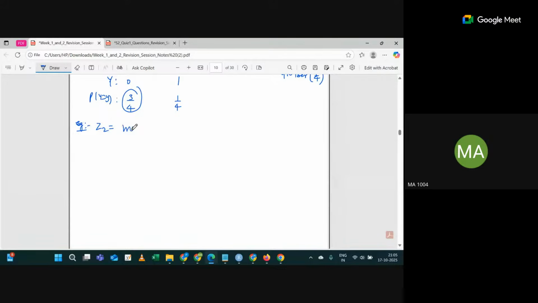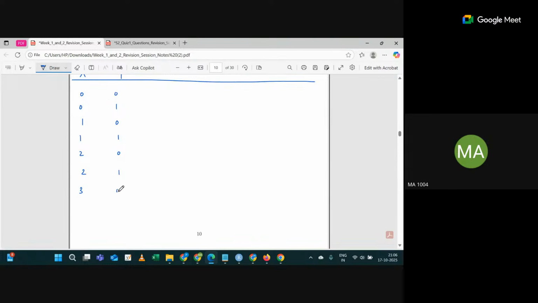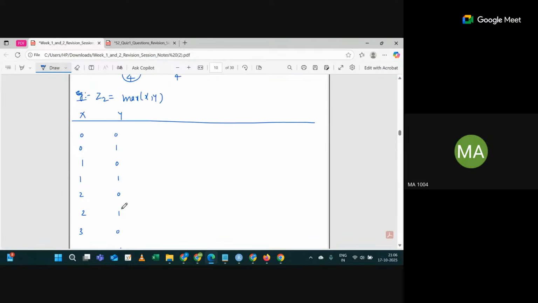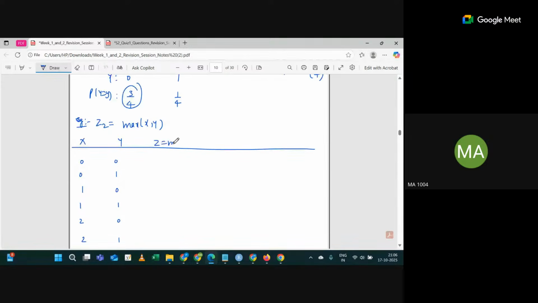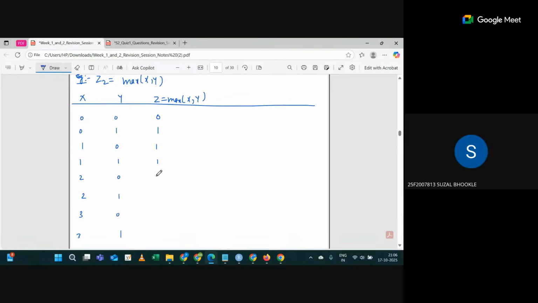Let's say I'm saying maximum of X comma Y. What are the possible values of X and Y? 0,0; 0,1; 1,0; 1,1; 2,0; 2,1; 3,0; 3,1. Now, according to your function Z equal to maximum of X comma Y, the maximum of 0 comma 0 is 0, of 0 comma 1 is 1, 1, 1, 1, then 2, 2, 3, and 3.